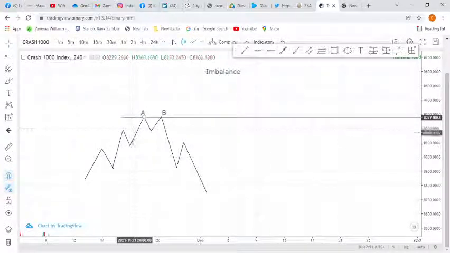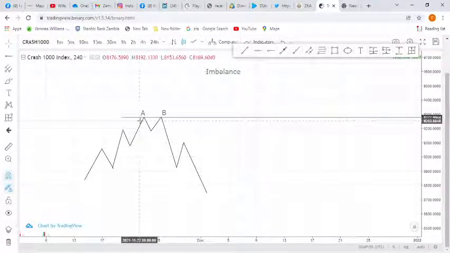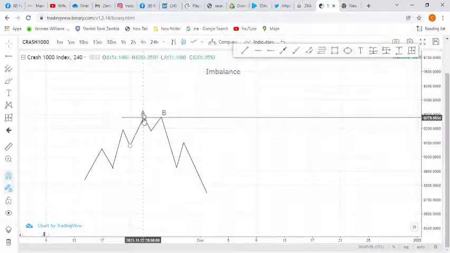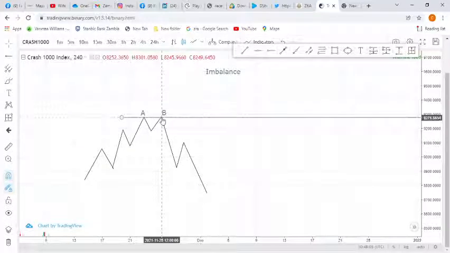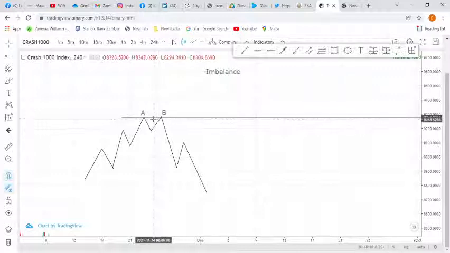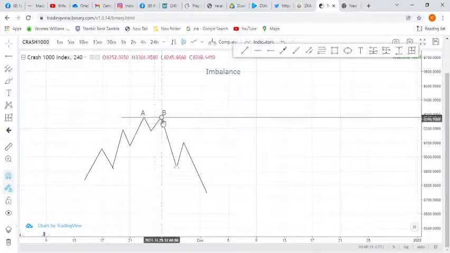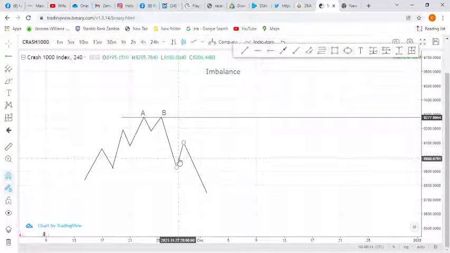This market was moving from here going up, which is an uptrend, and it eventually hit its highest point. Some people say that this is a retest, and some people will call it a double top before the market actually goes down.